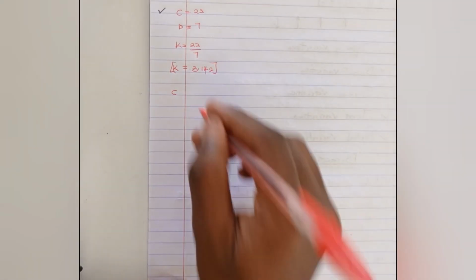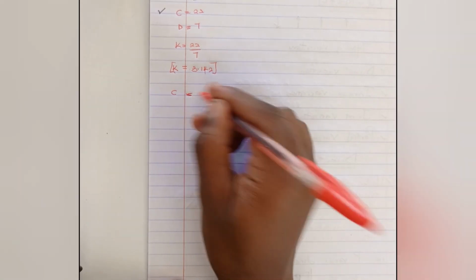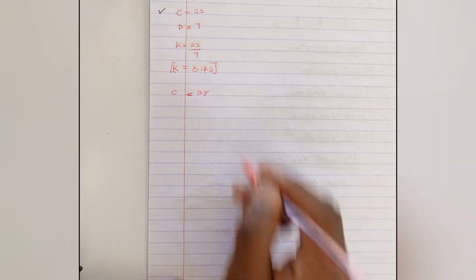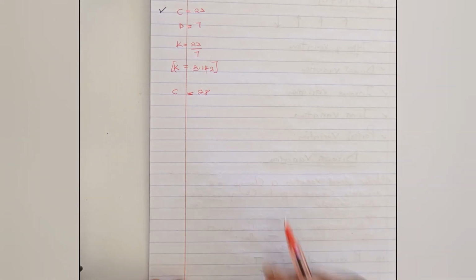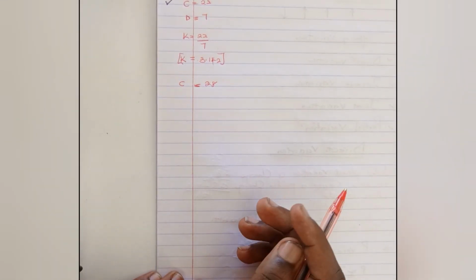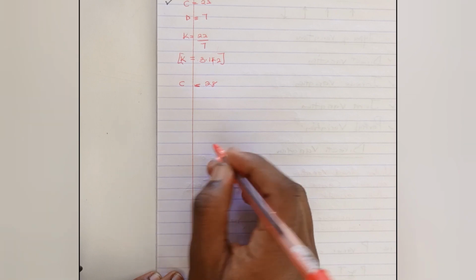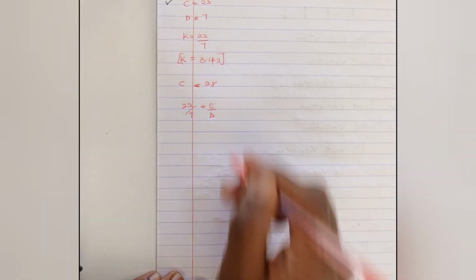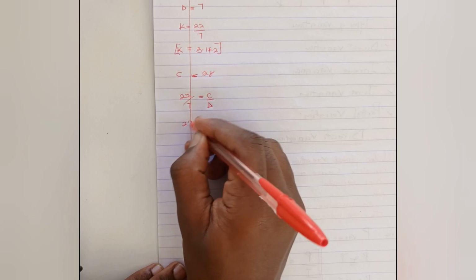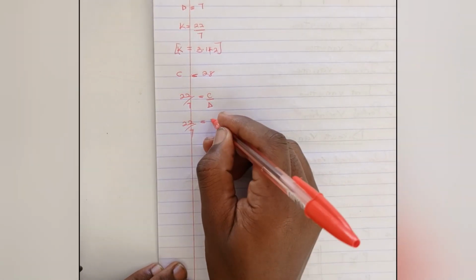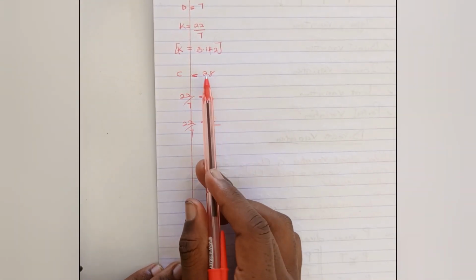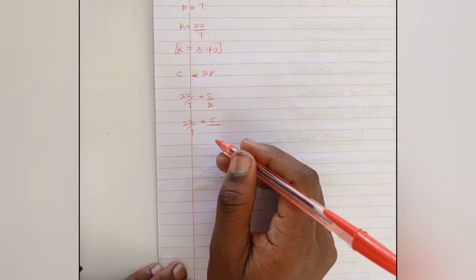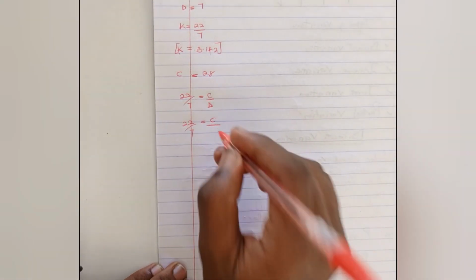On the other part of the question, you're told to find C when D is equal to 28. So we get back to our formula, whereby we have the value of k. Our formula turns out to be 22 over 7 is equal to C over D, with D as 28.